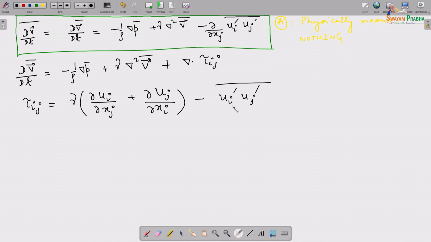Now what is important here is that this term is interesting. This is clearly laminar, and this is turbulent. You see the reason for writing it in this fashion: this equation is telling me the total acceleration of a fluid. The left hand side is nothing but total acceleration.